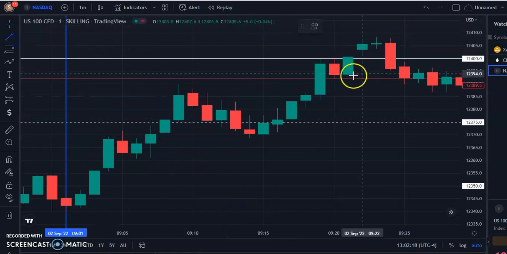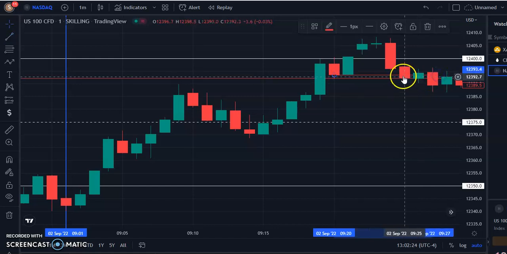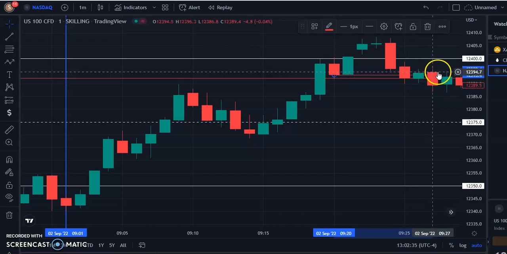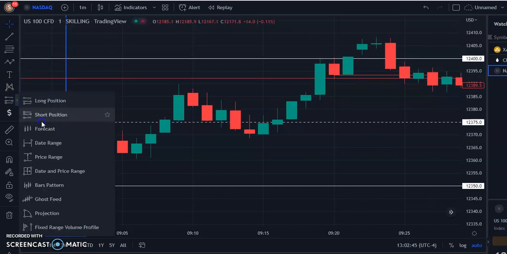As you can see, we've broken structure here. This bearish candle broke structure, and then this bullish candle was the retest, and then the engulfment 3 minutes before the market opens. This is a clear sign for me to enter.